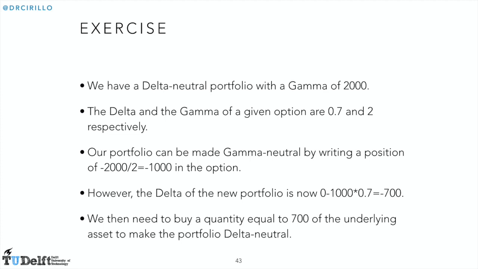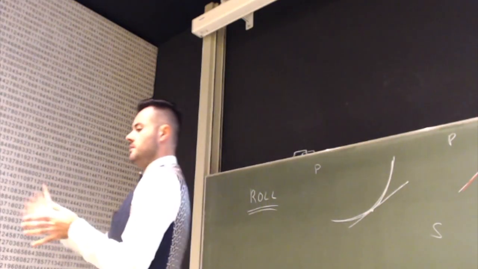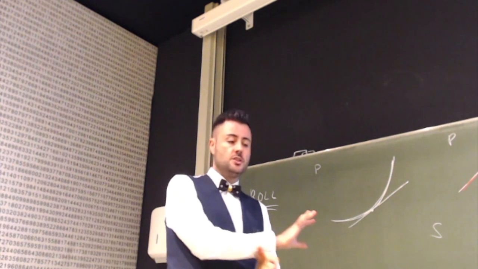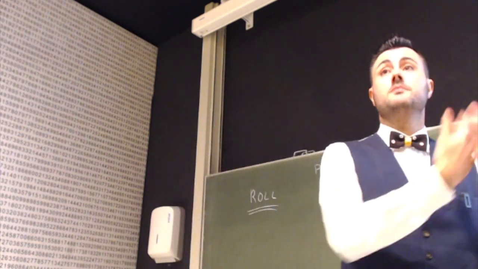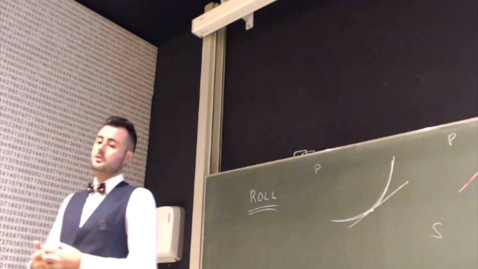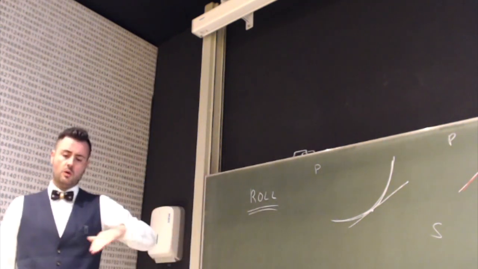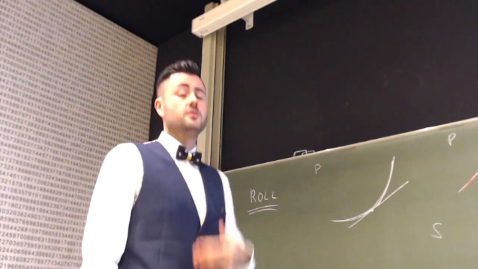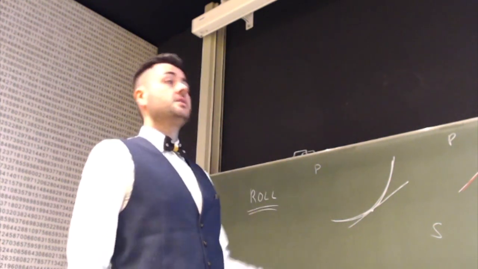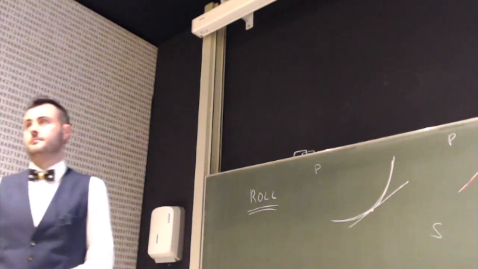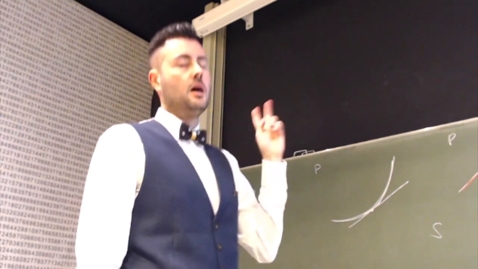I add the option, making my computation, I understand that I have to write in the option a position equal to 1000 in absolute terms. Doing that satisfies the requirement of gamma hedging, but modifies the delta part. So I have to intervene again on the delta by delta hedging. Since I have a delta of minus 700, I have to compensate. So I will add 700 units of the underlying asset. Okay? Option for gamma, underlying asset for delta.